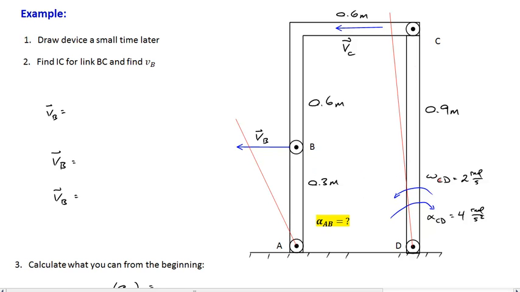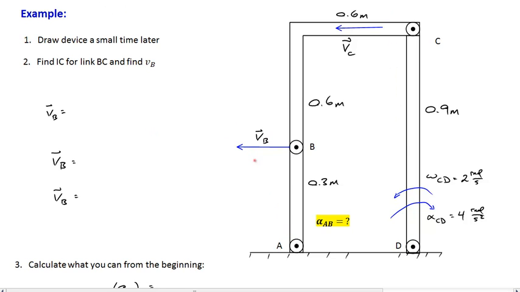So what we'd expect is that, with this counterclockwise rotation omega CD of 2 radians per second, AB has to be something greater. AB's got to rotate more quickly than linkage CD. And we also know that if this is decelerating at 4 radians per second squared, this has to decelerate more quickly.